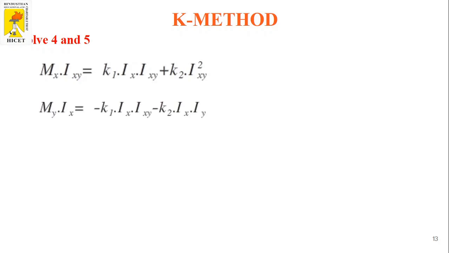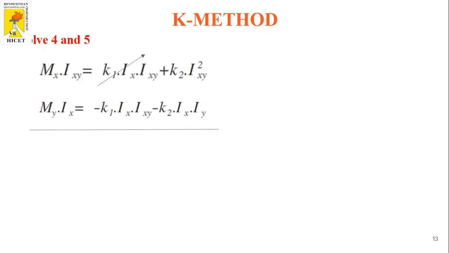Now we can solve equations 4 and 5 to get k1 and k2. Multiply equation number 4 by Ixy and equation number 5 by Ix, so we have the equations. We can add these two equations.